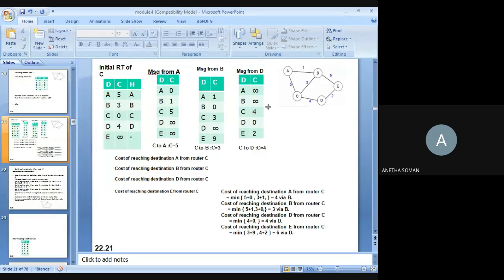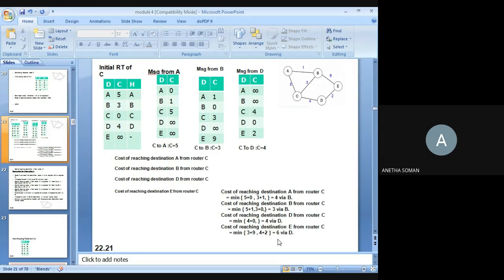What is required is you have to find out the cost of reaching destination A from your router C, cost of reaching destination B from router C, cost of reaching destination D from router C, and cost of reaching destination E from router C. These are the things that you have to calculate, and I have told you how to calculate. Out of these 4, I have just told you how to calculate the first one, that is, the cost of reaching destination A from router C.